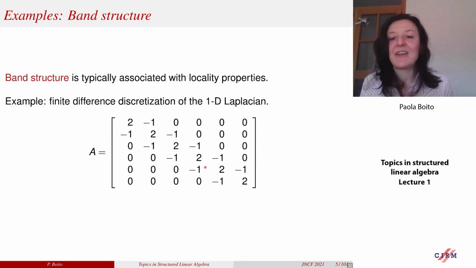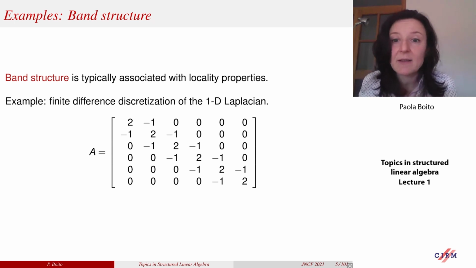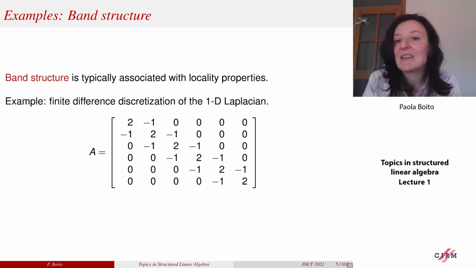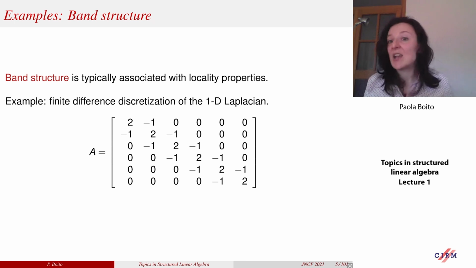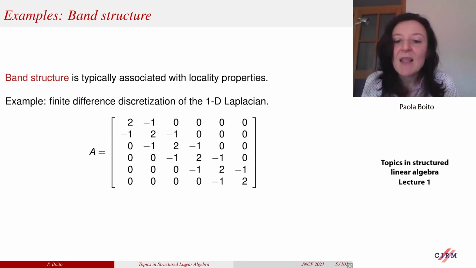For instance, here in the discretization of a differential operator, what we perform is a discretization of the space where we're working, which is the real line or a segment. And of course, since we have a second derivative, we only have relationships between nodes that are direct neighbors or at distance 2, and that gives us a tridiagonal matrix.